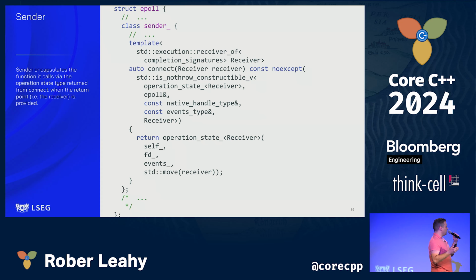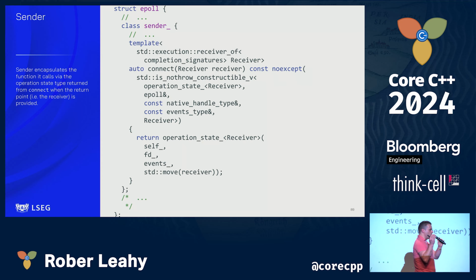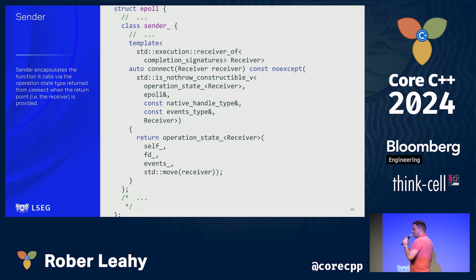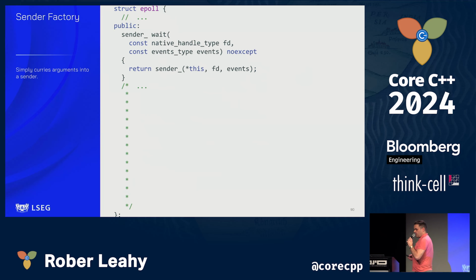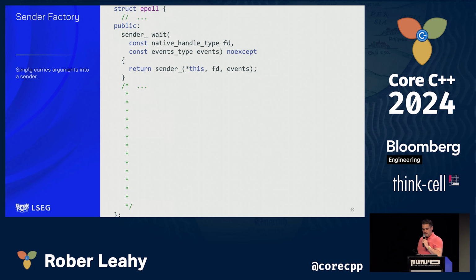Because operation states are immovable, we need to transmit them as an unmaterialized prvalue out of our function back to our caller for them to materialize in the storage they have prepared for us. But we don't actually allow users to interact with this sender type. Instead, we provide a nice factory for them to obtain one, and so we stamp that out.